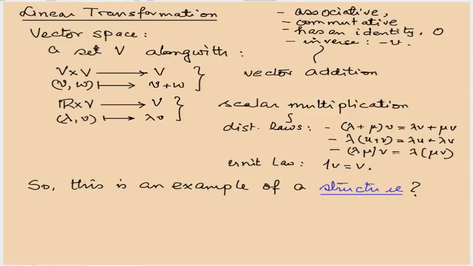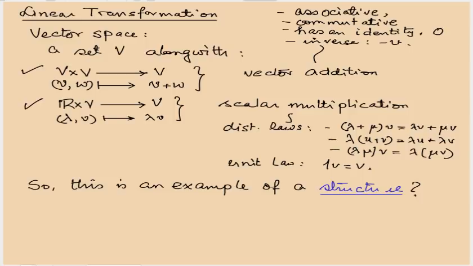So what is the structure here? Well, over here we do not have only the set, which is V, which is the set of vectors. We have this vector addition and scalar multiplication.